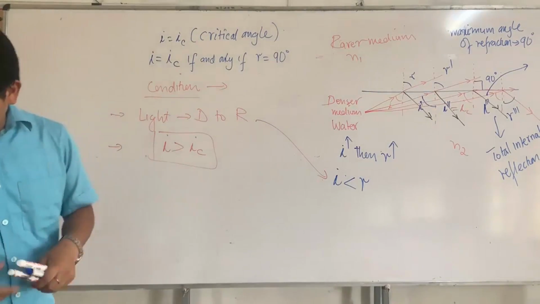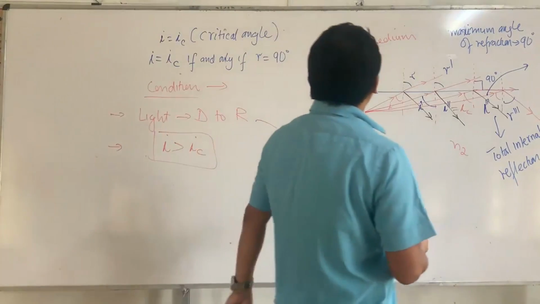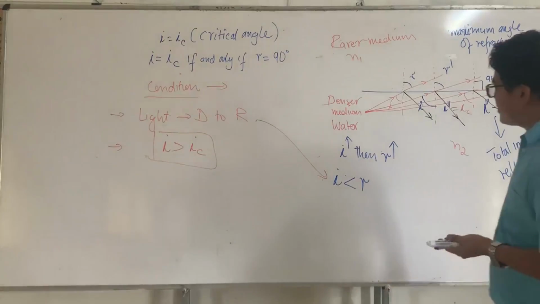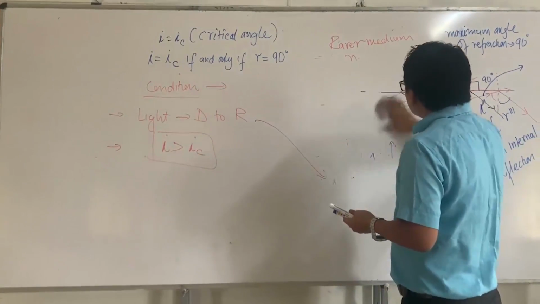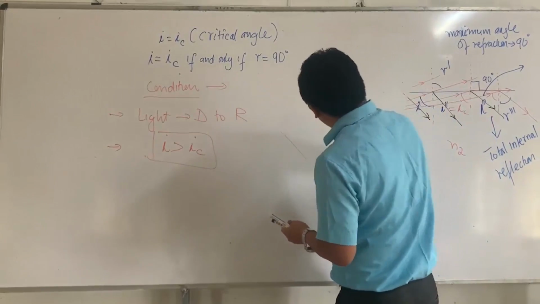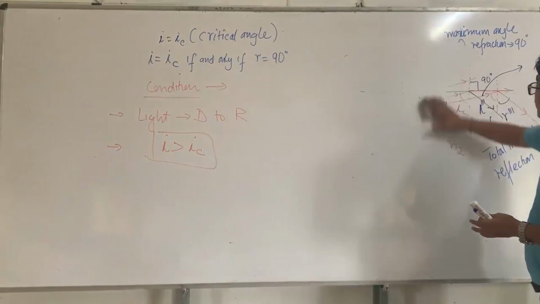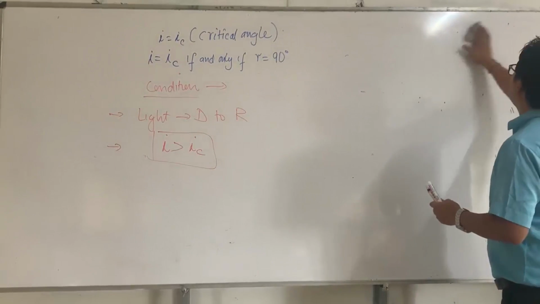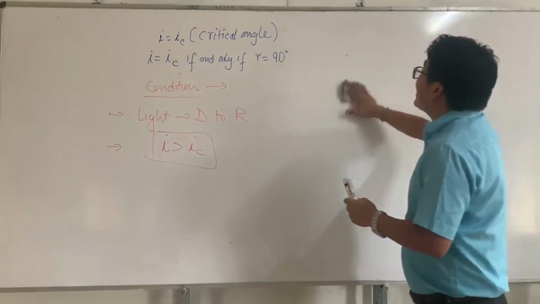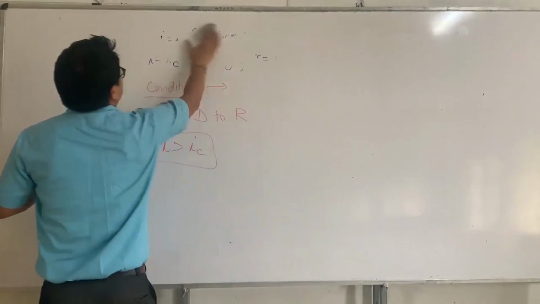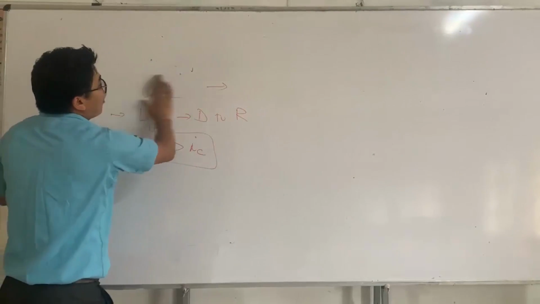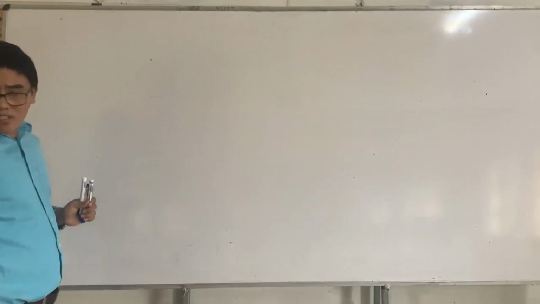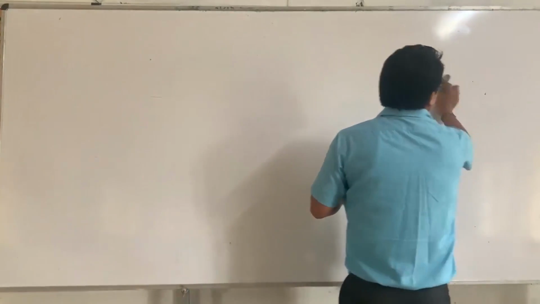And one of the most interesting things about total internal reflection is that in nature we find so many phenomena, so many illusions, which occur because of total internal reflection.